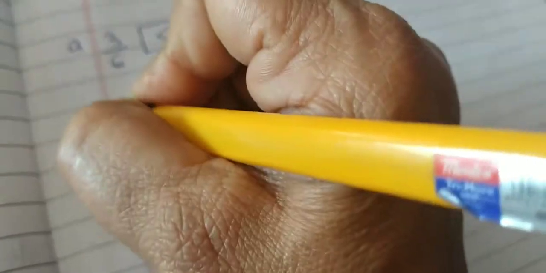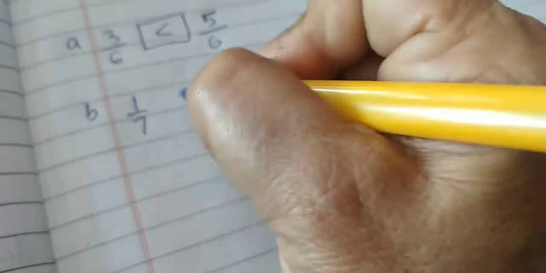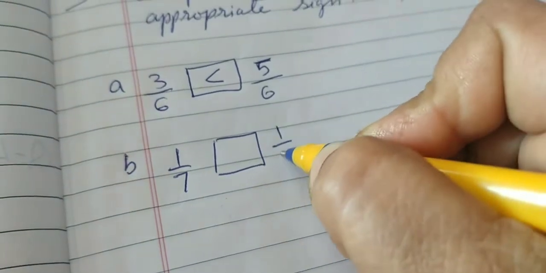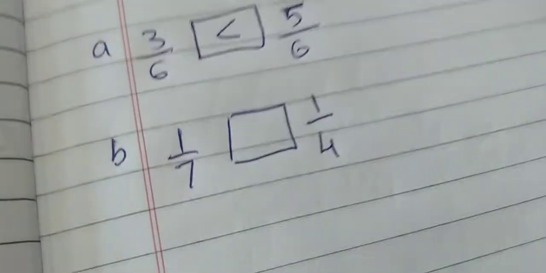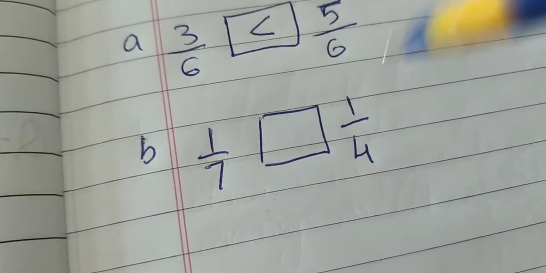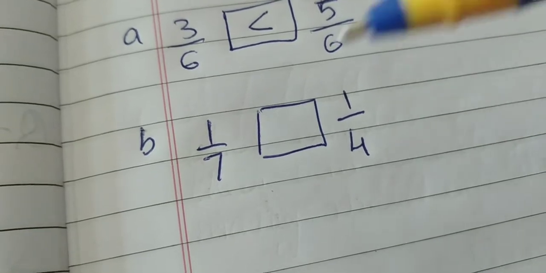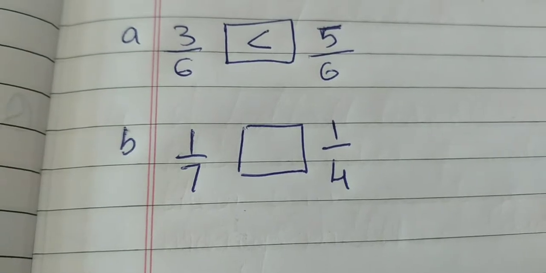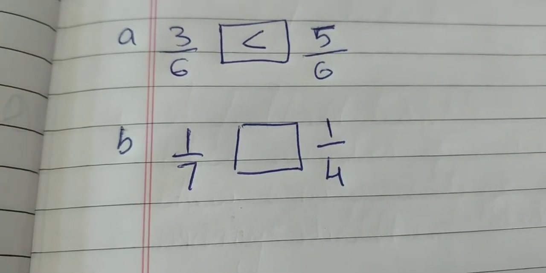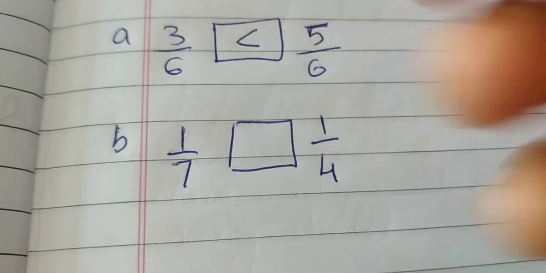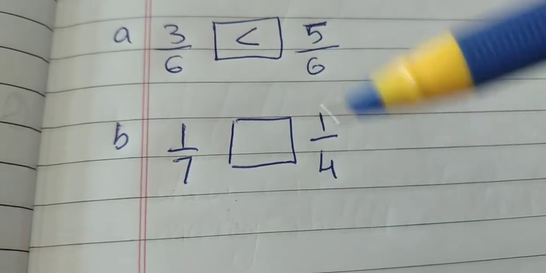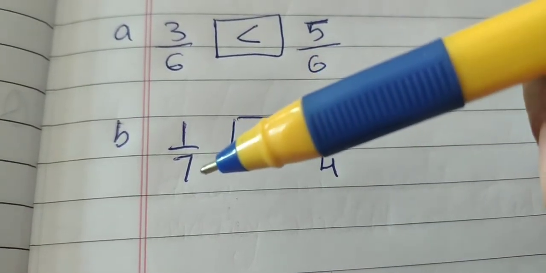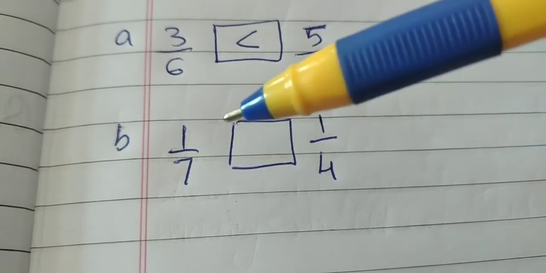Then we move on to the second one, that is B. 1 upon 7, 1 upon 4. Now here numerators are same. Numerator is same in both the cases. You have to compare the denominator. In this case, when the numerator is same and you compare the denominator, the fraction with bigger denominator is always smaller.